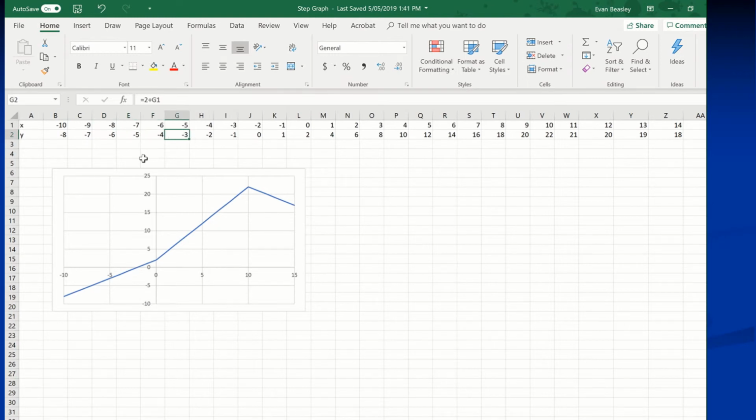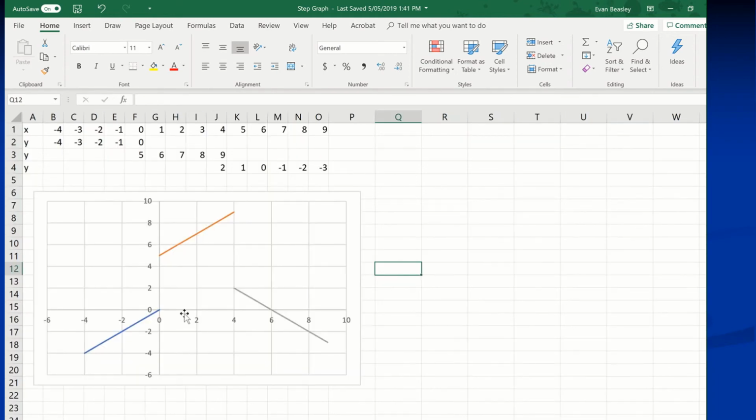So as I'm going along, you can see that y equals 2 plus x until I get to 0. And then at 0, you can see this is the turning point in the graph, that it's y equals 2 times x plus 2. And so that's going up for that one until we get to the value of 10, because that's where the turning point is. And then you can see that I've put in a different rule, that y equals 32 take x. Note the x value is just put up the top.